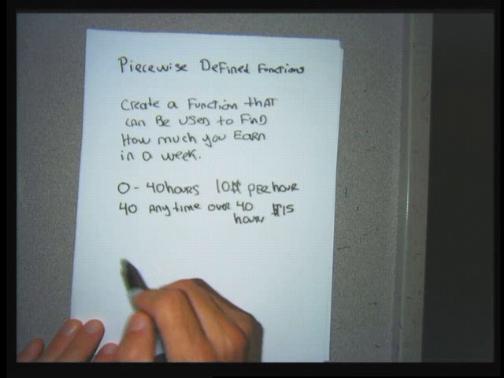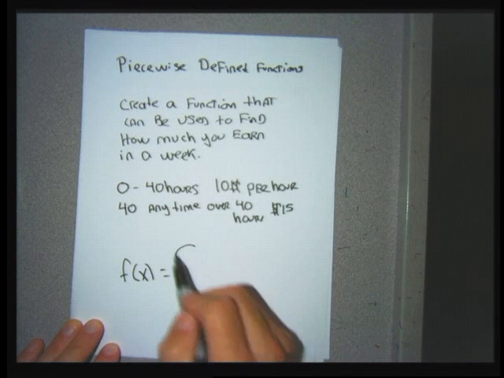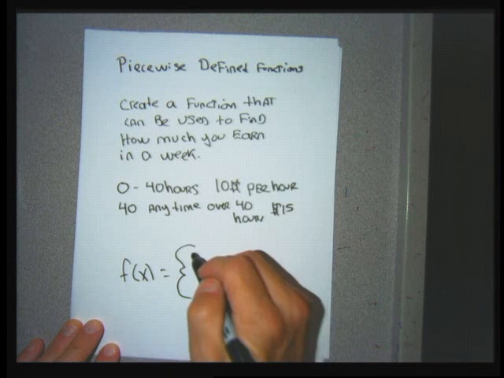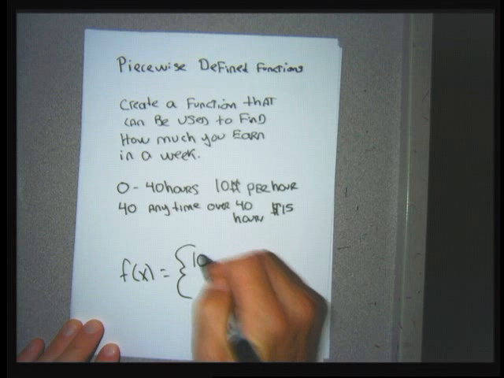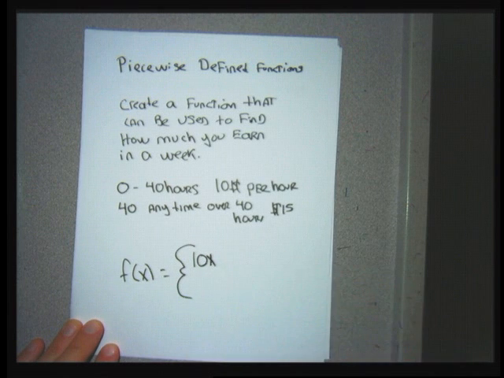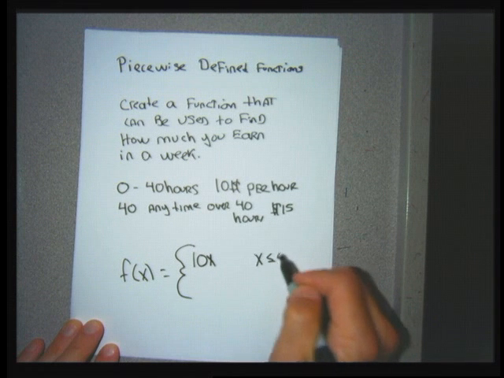And I could define a piecewise function that would do this. So I'm going to create one function and have two pieces. The first piece would say my rate is $10 times the number of hours I work, where x is the number of hours I work, provided x is less than or equal to 40.